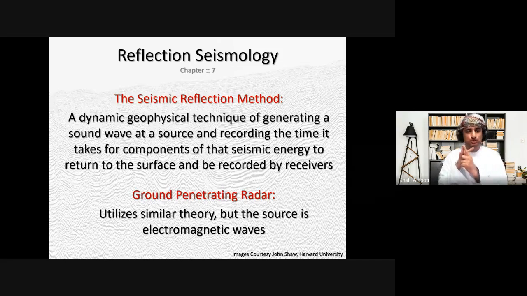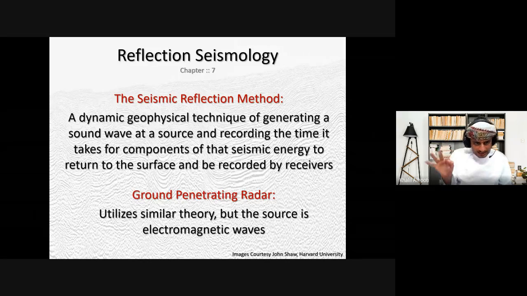The other one is 250 megahertz. The last one is 400 megahertz. So 100, 250, and 400 megahertz. Which one do you think will go deeper?